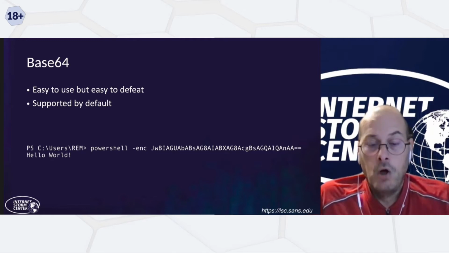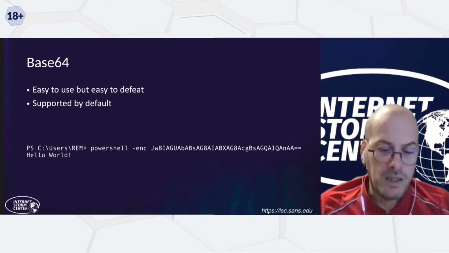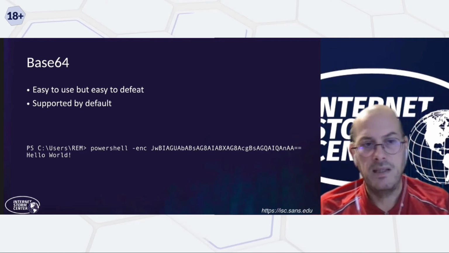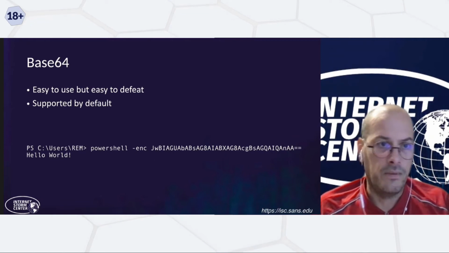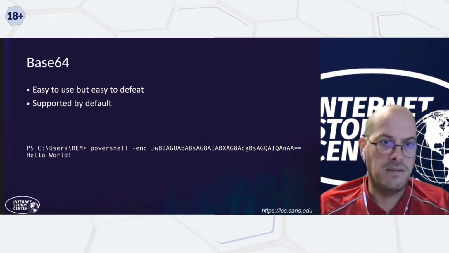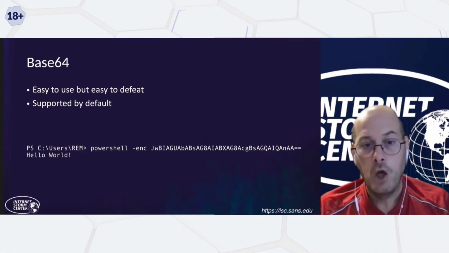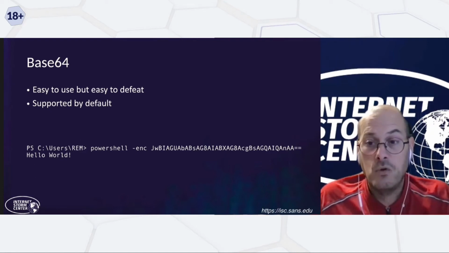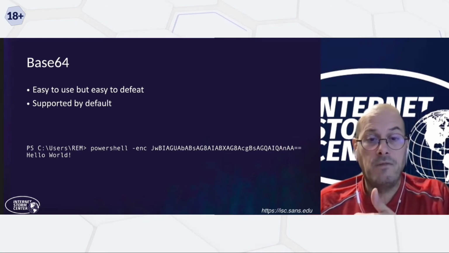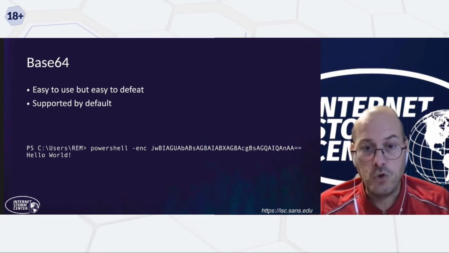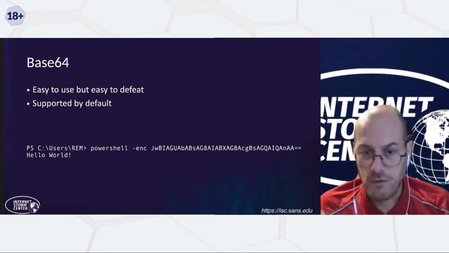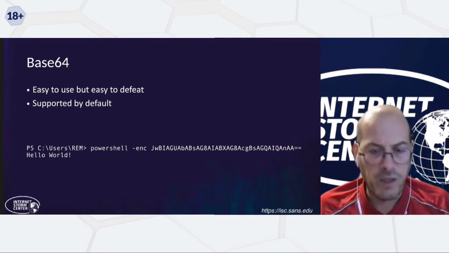Easy. Of course, base64 is very easy to defeat because you can automatically decode the base64 chunks of data. But the good point is that it's available by default, and you don't have to implement a base64 function to encode and decode by yourself.